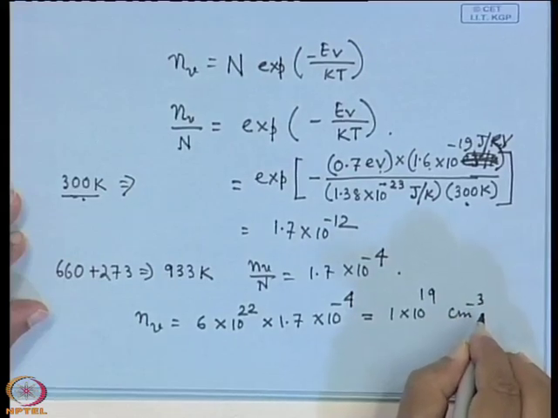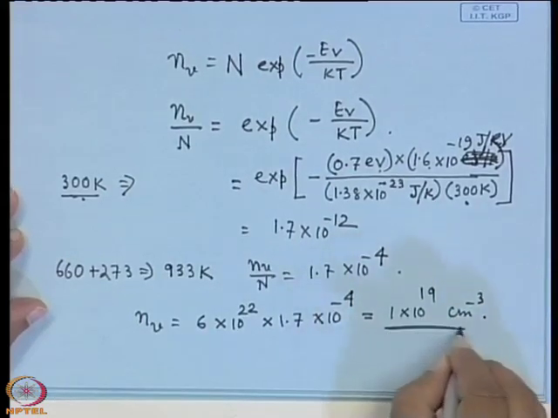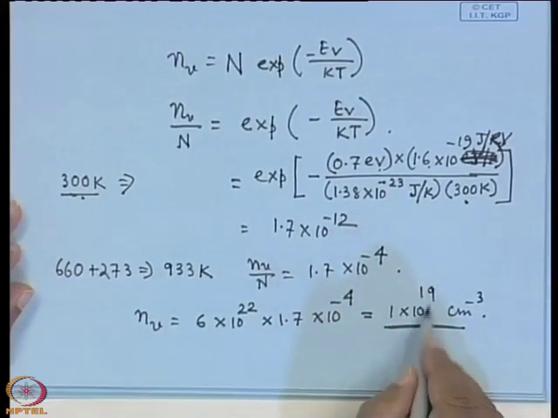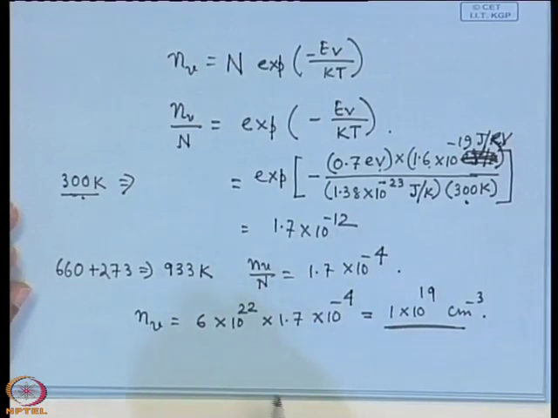What does it mean? It means that 1 in 6000 sites is a defect.